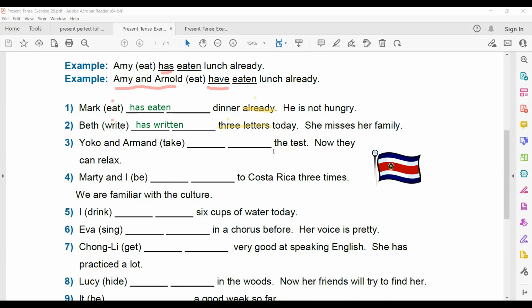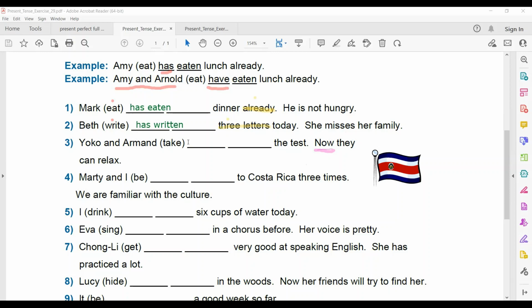So with this one, yes, there is no time marker in this sentence, number 3, but look at another sentence. Now they can relax. And there is some hint for you too, because now something happened in the past, right? And now unspecified past, because now tells something different. Now they have some other result.